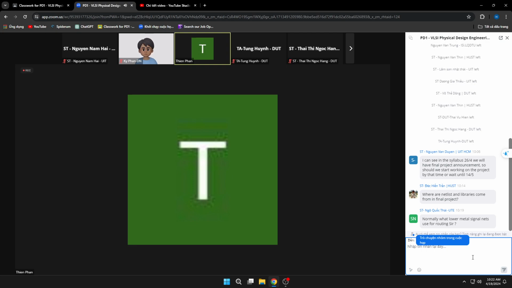The top two most layers, those are usually reserved for the power distribution. So all of the layers will be used for routing, and the tool is going to know which layer is best, right?